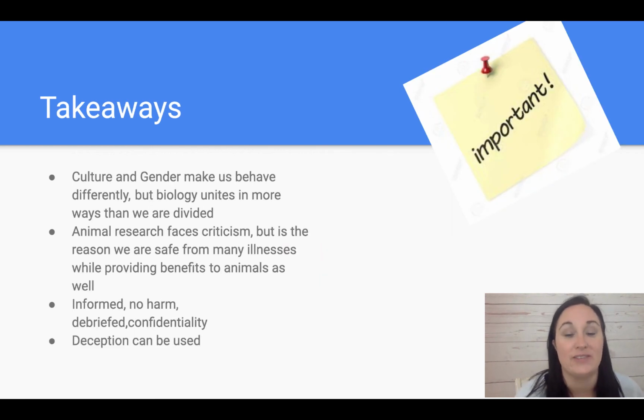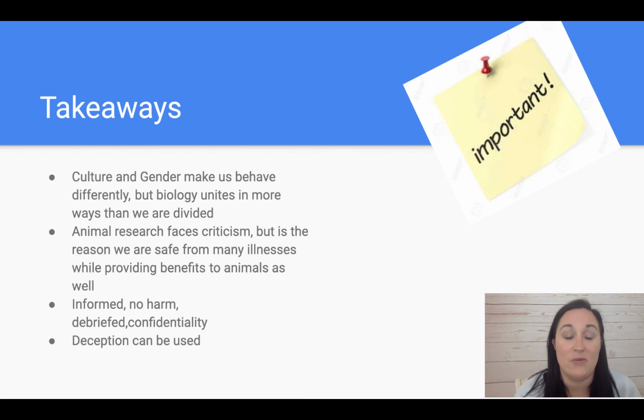So, takeaways. Culture and gender make us behave differently, but biology unites us in more ways than we are divided. Animal research has a lot of criticism, but it's the reason we are safe from many illnesses, smallpox, rabies, right? The list can go on, and it provides benefits to animals as well.